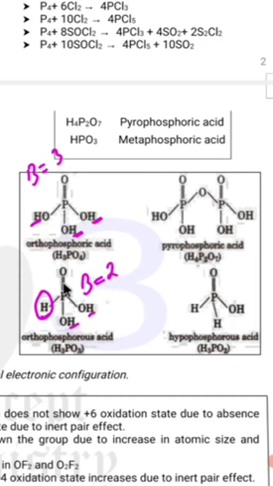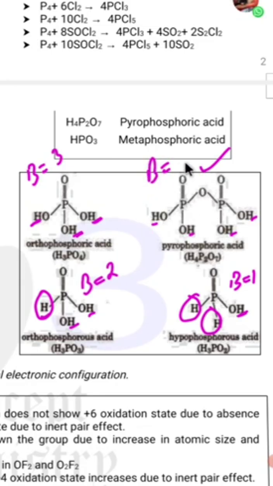So basicity of this phosphorus acid will be 2, and this is hypophosphorus acid, and in case of hypophosphorus acid, basicity is only 1, since the hydrogen which is attached to oxygen can only be displaceable, while these 2 hydrogens are not displaceable. Okay, one important point: this is another structure of H4P2O7. In H4P2O7, all the 4 hydrogen atoms are attached to oxygen, so basicity of this oxoacid of phosphorus will be 4.